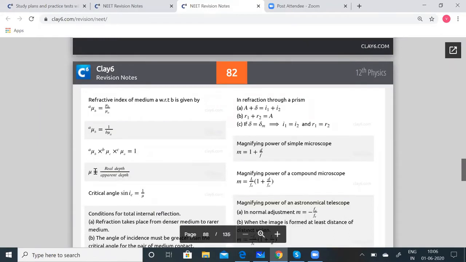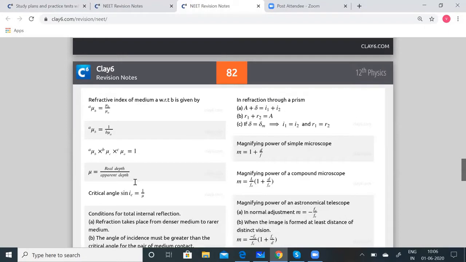So mu is equal to, instead of total internal reflection, we can see the refraction part. By Snell's law, sin I by sin R is equal to mu, we saw that. Mu is also equal to the real depth by the apparent depth.